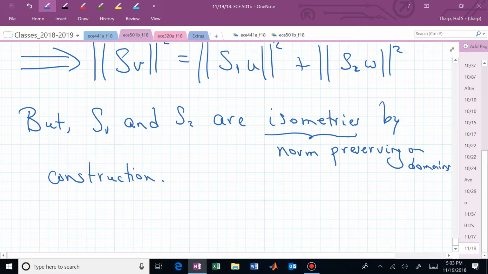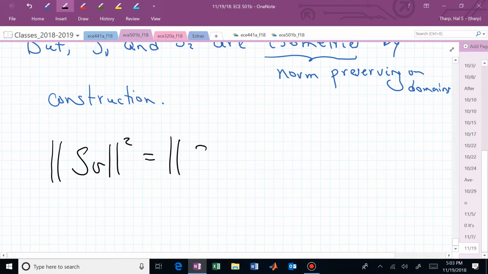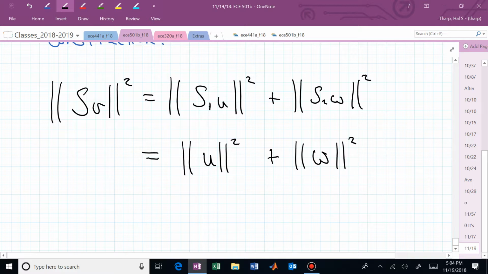If that's the case, then let me just write it again. We have SV squared is equal to S1U norm squared plus S2W norm squared. If S1 is an isometry on its restricted domain, which U belongs to, then isn't that going to be the same as the norm of U squared? And S2 likewise will give me the norm of W squared.